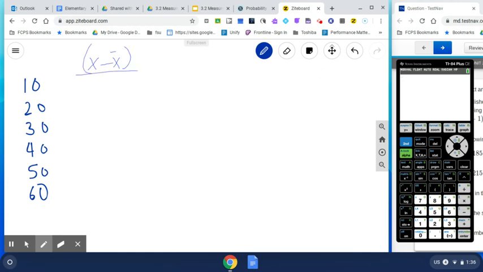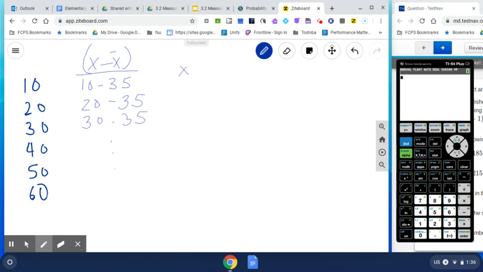So for this first one, I'm going to take 10 and subtract off the mean that we found previously, and that mean was 35. We're going to continue to do this for each data value: 20 minus the 35, 30 minus the 35, and hopefully you're seeing that pattern.